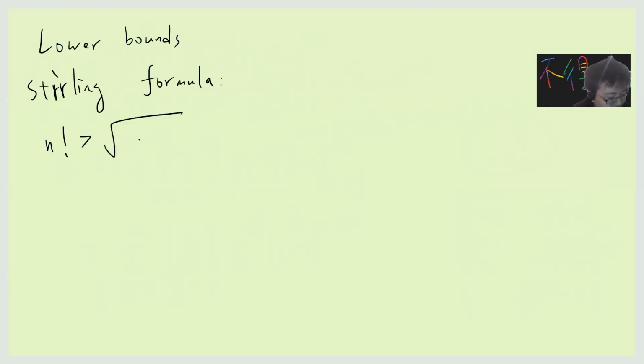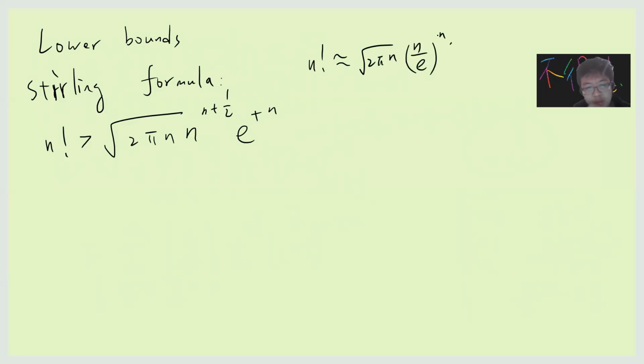But n factorial is greater than square root of 2 pi n times (n over e)^n. This is different from the original Stirling formula, but this is a more precise one, and you get the inequality.